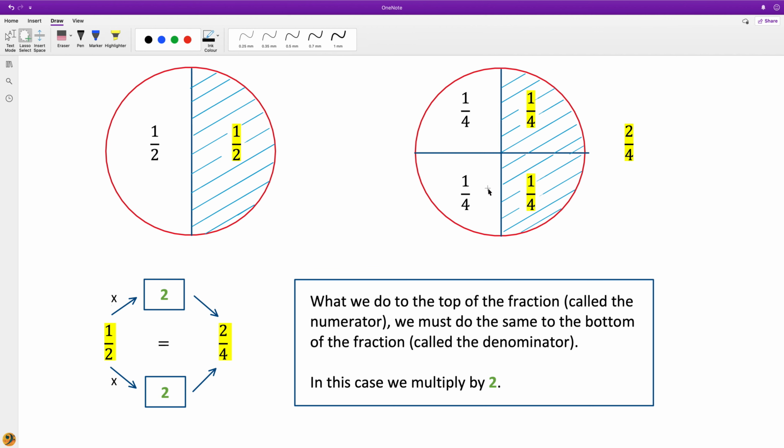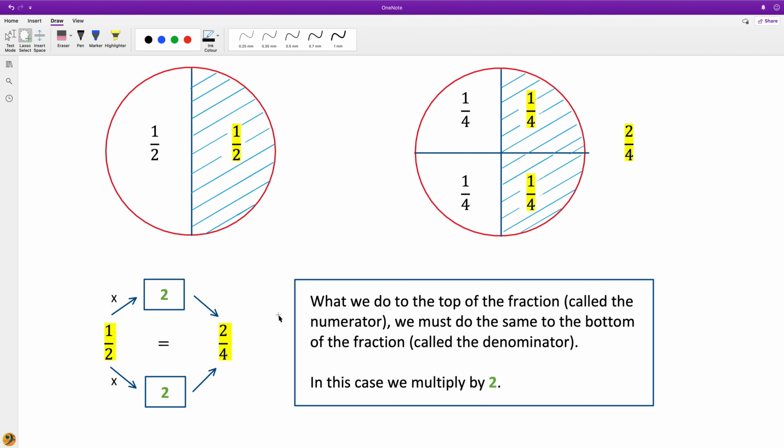Okay, so a lot of the time though, when you get given these sorts of questions, the question might say find an equivalent fraction of 1/2, or whatever fraction they give you, you won't always have the visual representation to help you out. So what we'll go through now is how to mathematically work out what you can see here.